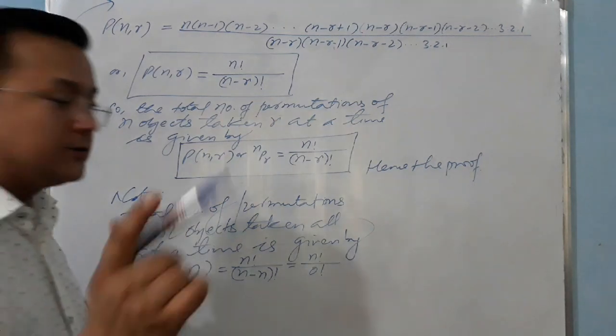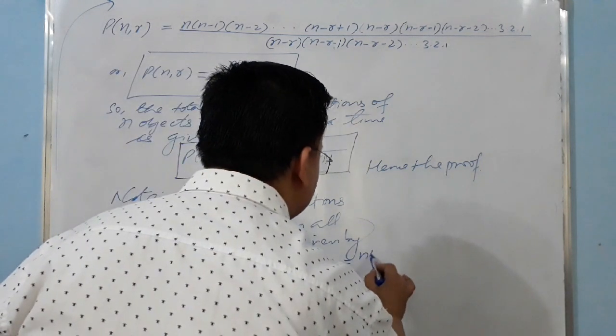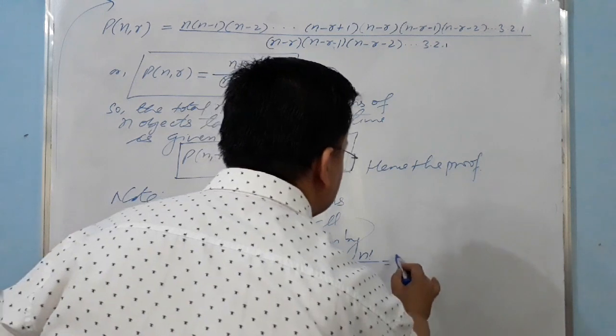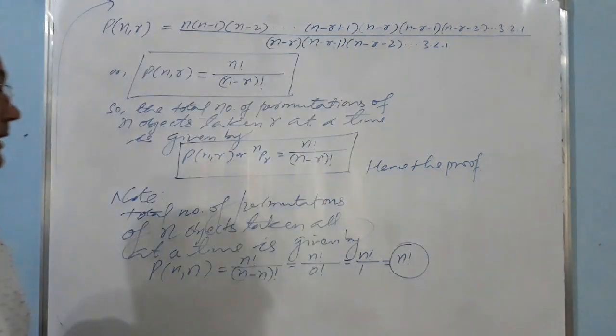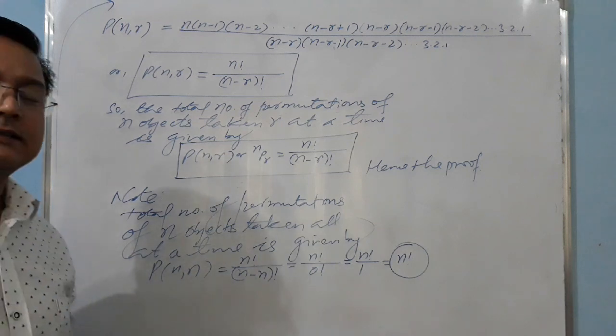As we know, 0 factorial is 1, so n factorial upon 1 is equal to n factorial.